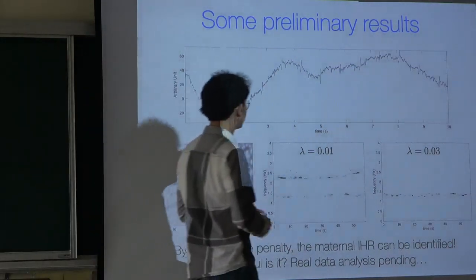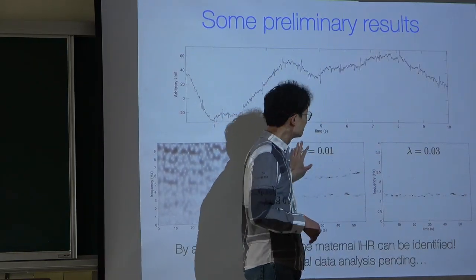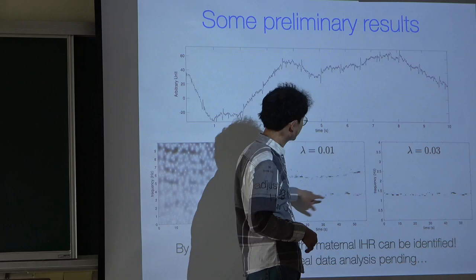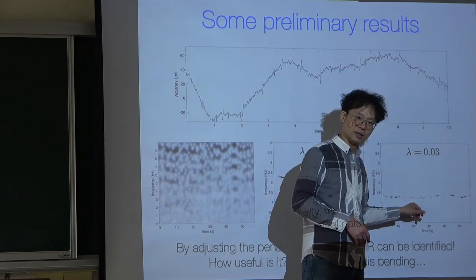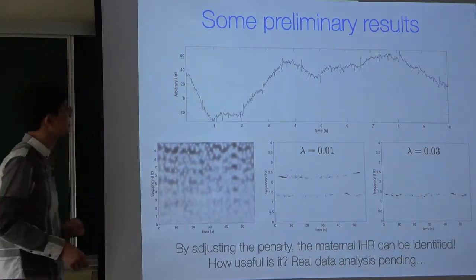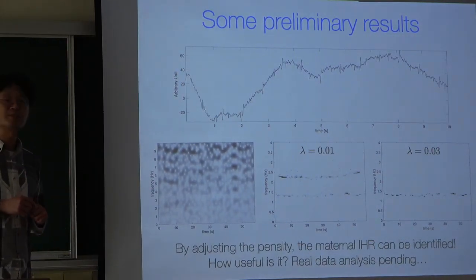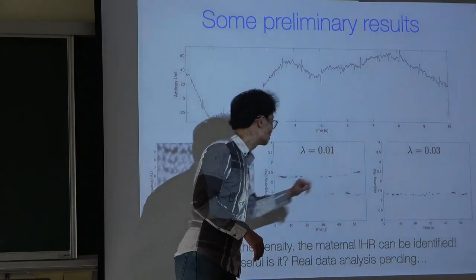And the interesting thing is, with different lambda or different penalty terms, sometimes you can suppress the fetal part or suppress the maternal part, which is actually a control of the energy. But how to use it in a robust way is still not so clear. Sometimes we can do it, sometimes we cannot. So that is something we need to explore.